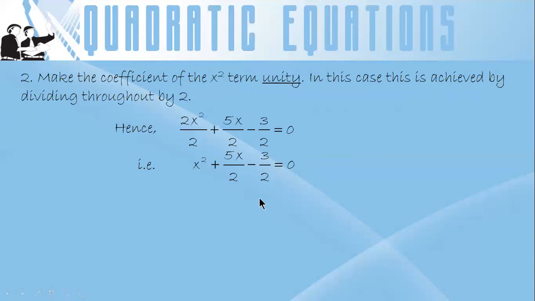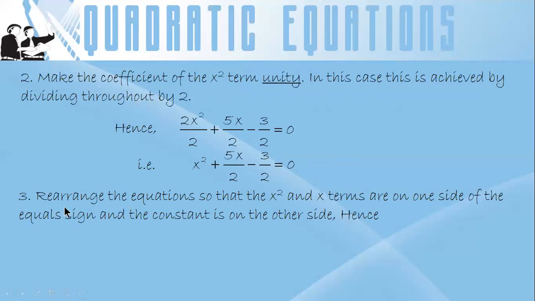After this, rearrange the equation again so that what remains on the left side will only be the second degree term and the first degree term, the x. The constant will be transposed to the other side, the right side. So the negative 3 halves becomes positive. Now you can do completing the square.